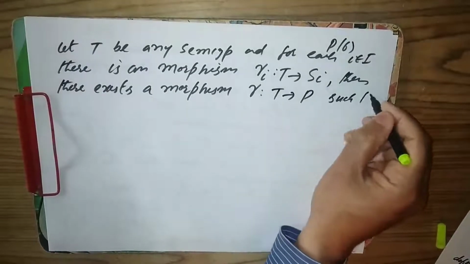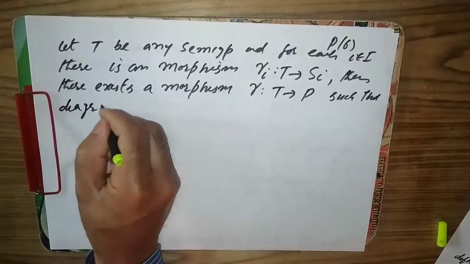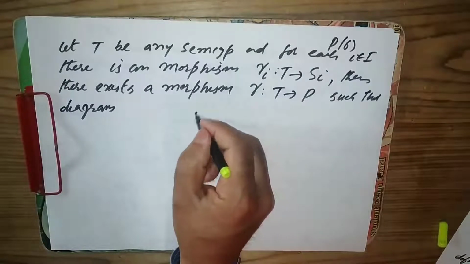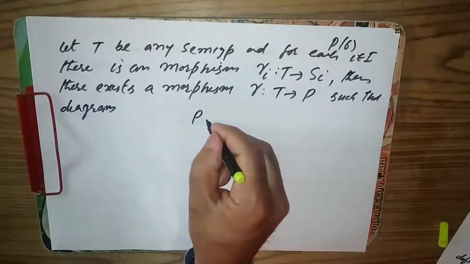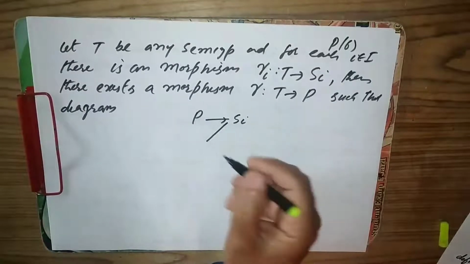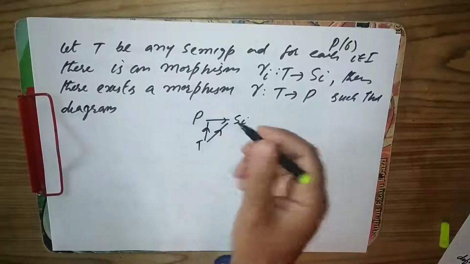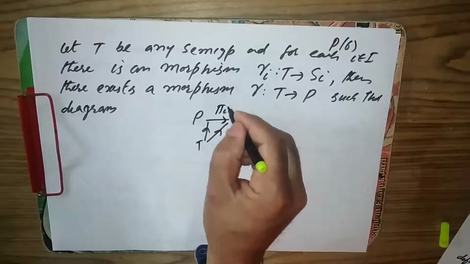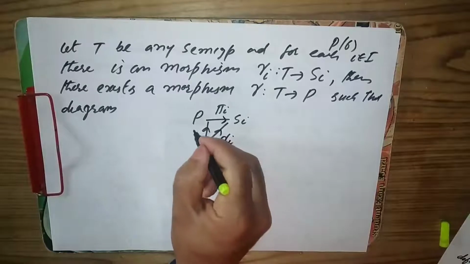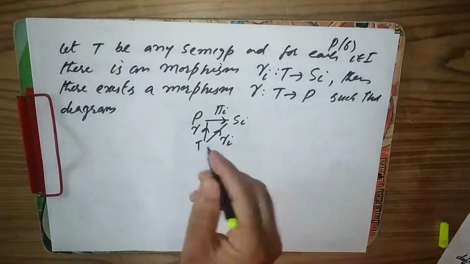such that the diagram commutes. So the diagram is here. We have a map from P to Si, and we have a map from T to Si. P to Si is pi i and T to Si is gamma i, then we need to show that there exists a morphism gamma from T to P such that the diagram commutes.